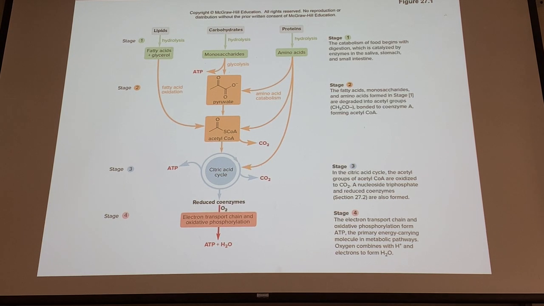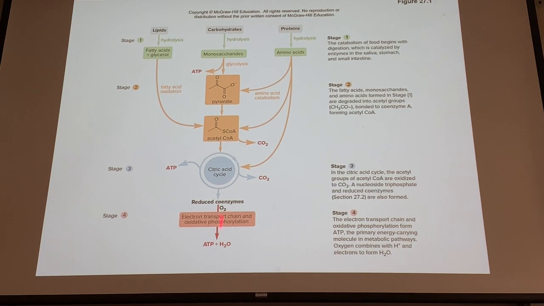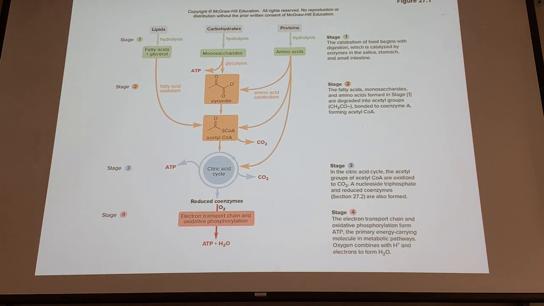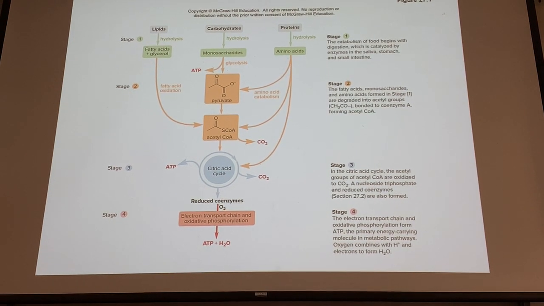CO2 is a very good byproduct because it is a gas. It's very easy for us to excrete CO2. We breathe it out. And then ATP is produced in this process, as well as reduced coenzymes. We'll talk about those in a moment. Those also are able to store energy. And the energy from these reduced coenzymes can be harvested using oxygen in stage 4.